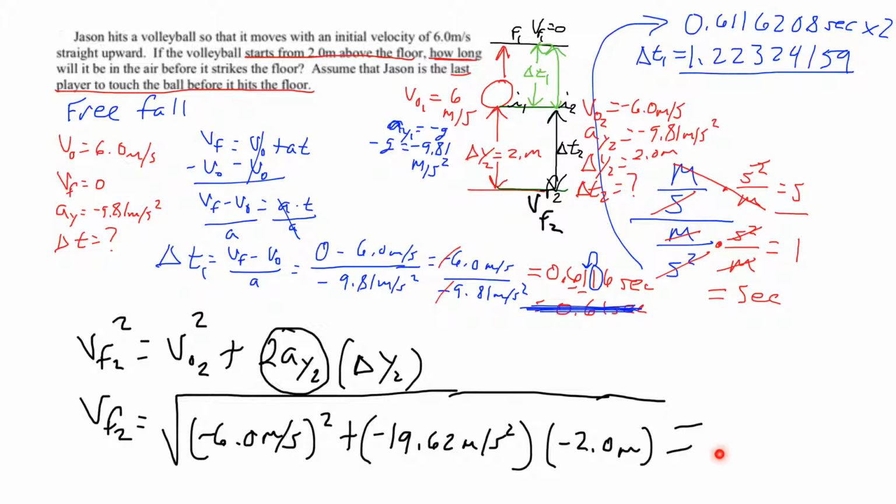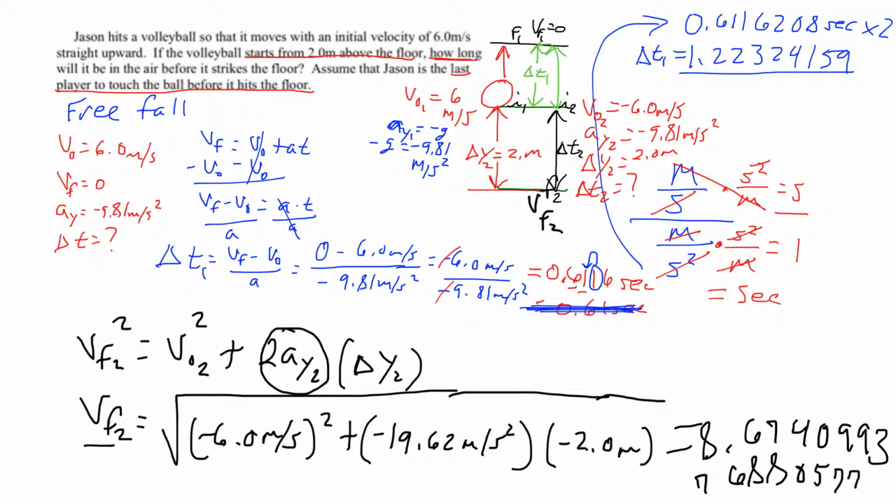I'm getting 8.6740993376880577. And since we're getting a velocity, we know that the units are going to be meters per second.